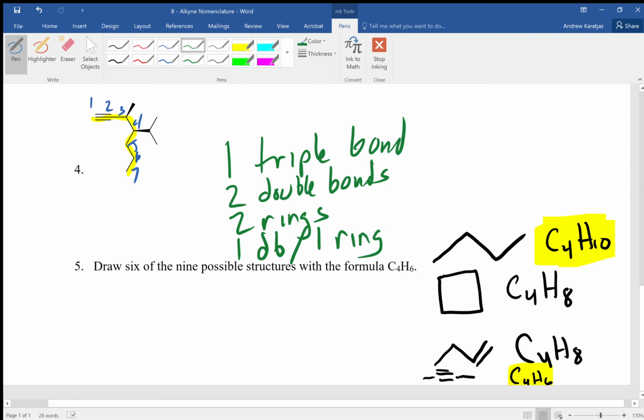Again, each time we add a double bond in, that takes 2 hydrogens away. Each time we add in a ring, that takes 2 hydrogens away. If we put in a triple bond, that takes 4 hydrogens away. And so there end up being 9 different molecules that you can draw with this formula.